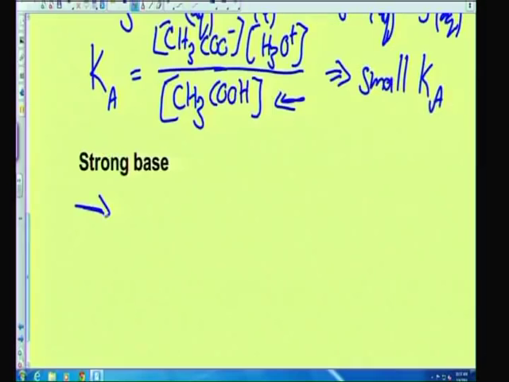It's going to be a big denominator. If you divide by a big number into even a small number, you're going to get an even smaller number. So weak acids don't ionize completely. They have a small Ka value. And you need to understand where those terms are coming from. In a similar way, we can say a strong base will dissociate completely.